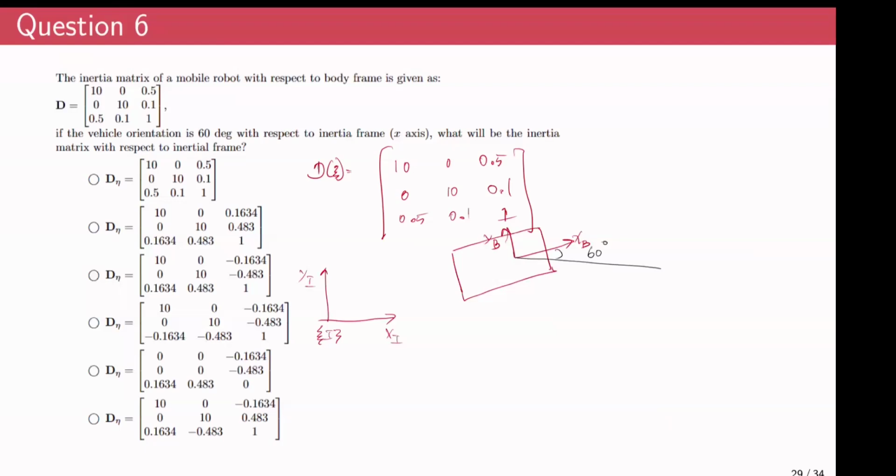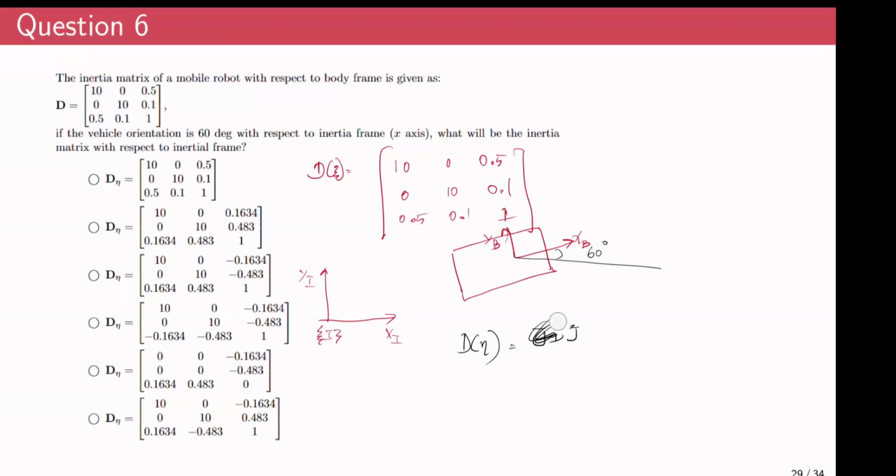And if you can recall from the previous slides, we have derived the relationship between the inertia matrix in the inertial frame of reference and the inertia matrix with respect to the body frame of reference, right? That is nothing but, what was that expression? J B J transpose. So I'll write it this way.